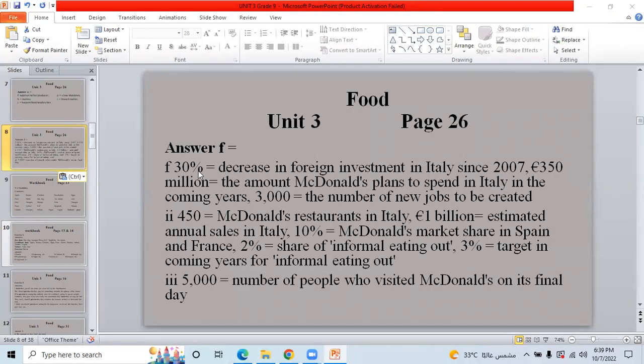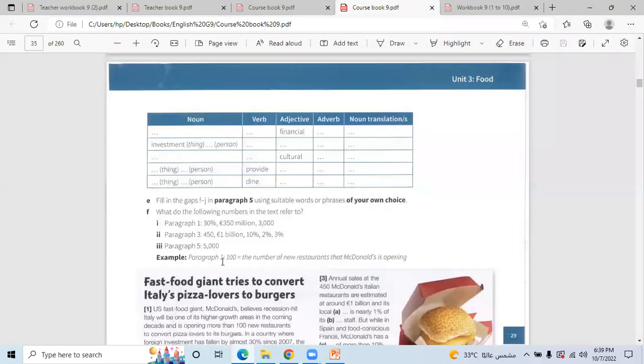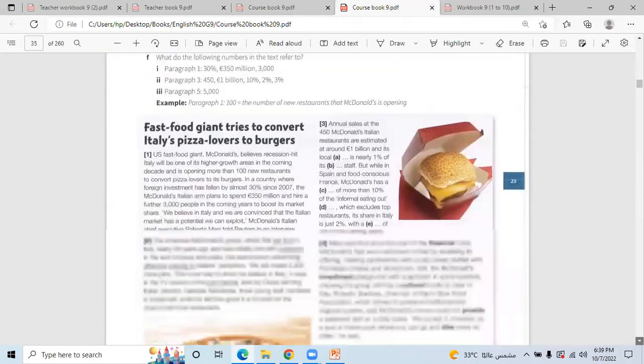So you can see 30% decrease in the foreign investment in Italy since 2007, and then 350 million euros, the amount McDonald's plans to spend in Italy in the coming years. 3,000 is the number of new jobs to be created. Okay, so these 3 things refer to the details which we have just seen.